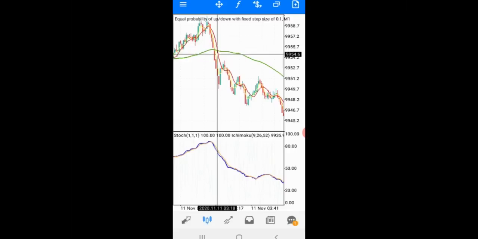It crossed here, and look, it's at the oversold level. Do you see it? It's at the oversold level. So for me, I'll enter this market here, right here. That is when I see it cross.